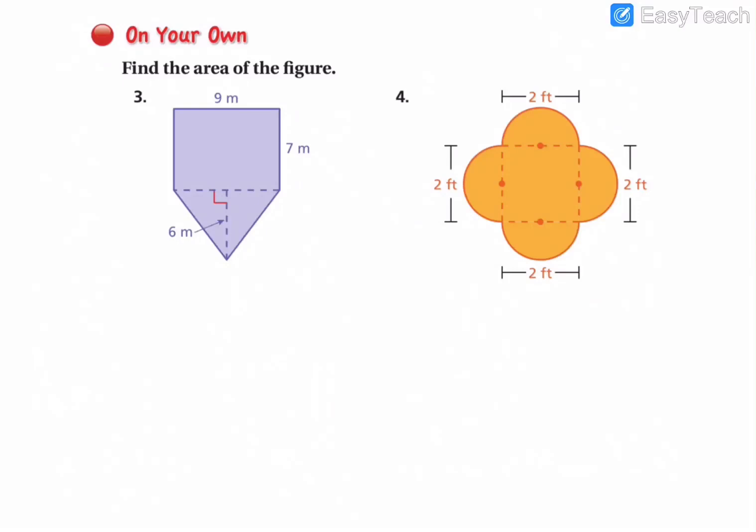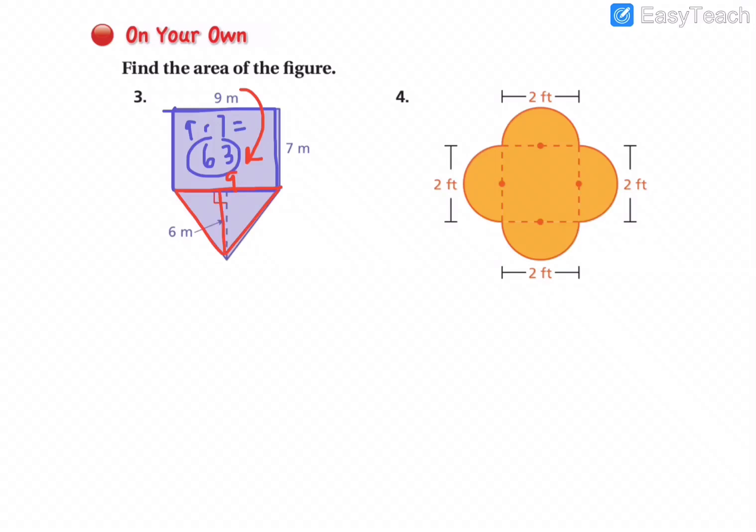Okay, so for number 3, rectangle, 9 times 7 is 63. And then they didn't show you directly what the base is, but you know because it's going to be the same as the other side. So this is 9 times 6, which is 54.